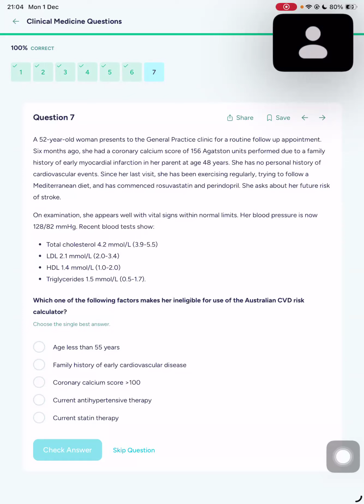Which one of the following factors makes her ineligible for use of the Australian cardiovascular risk calculator? Age less than 55, family history of early cardiovascular disease, coronary calcium score more than 100, current antihypertensive therapy, current statin therapy. What do you think, doctors?